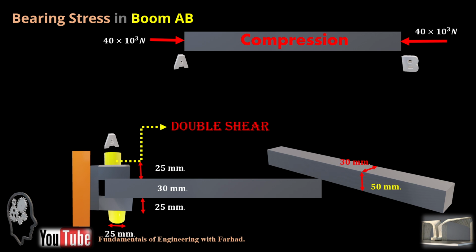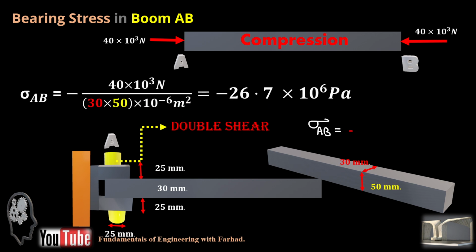If this is boom AB, you can see the bearing stress, sigma, is nothing but the force over the area. This is the area of our boom, which is 30 millimeters from the top, and this is the side one. So it gives us 26.7 megapascal, and because that's compression, definitely that's a negative one.